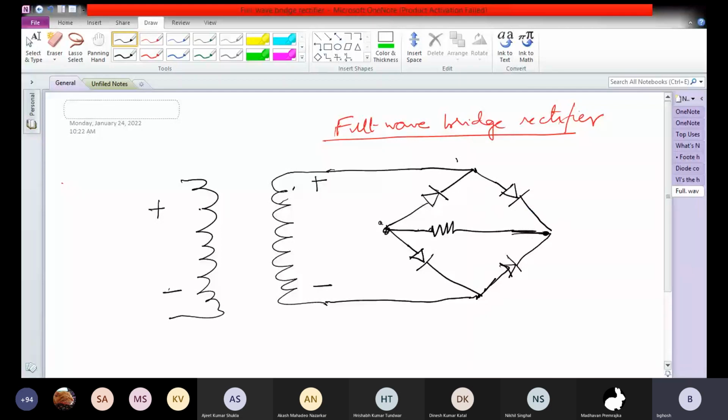Okay, again, the circuit operation is very simple to understand, not difficult at all. What is happening? Vi here, Vs here. Let's name these diodes D1, D2, D3, and D4.